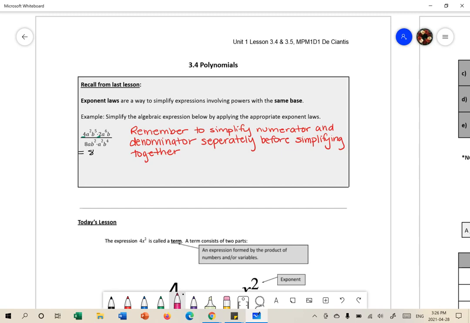Then I'm going to simplify my a factors together by keeping the base the same and adding my exponents. Then I'm going to simplify my b factors together, remembering that this b has an invisible exponent 1. So the base will be b, and 5 plus 1 is 6.